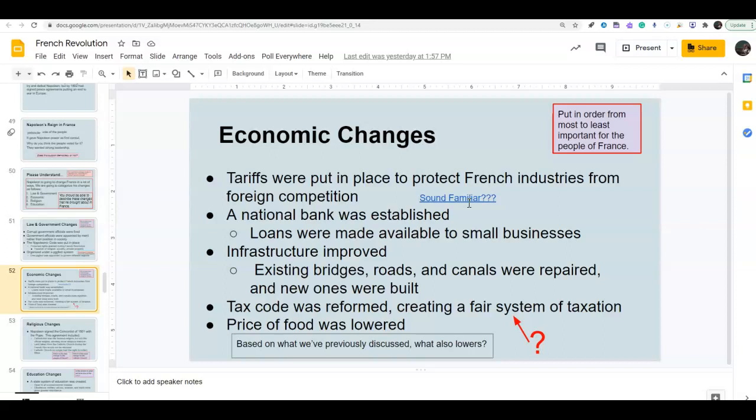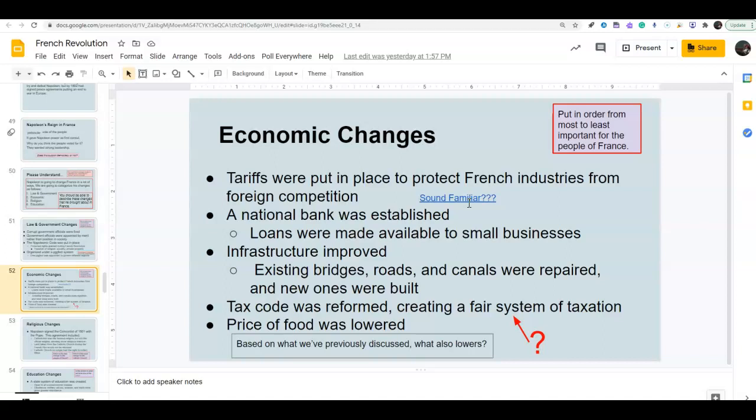The next is infrastructure. Infrastructure is how your cities and how your country is put together, basically. So there's a system of roads, canals, bridges. Nowadays we have highways and interstates. That came about in the 50s after Eisenhower was president.